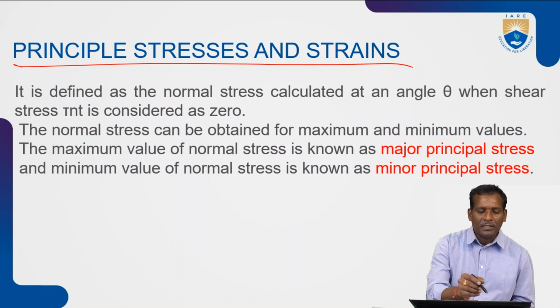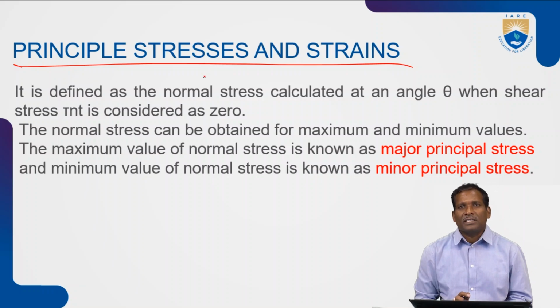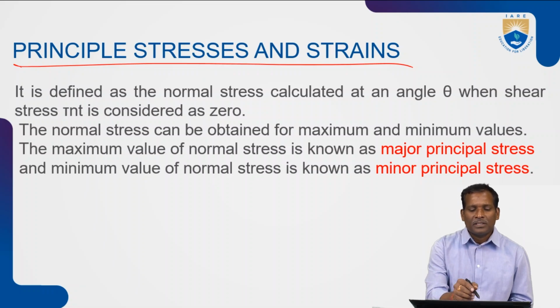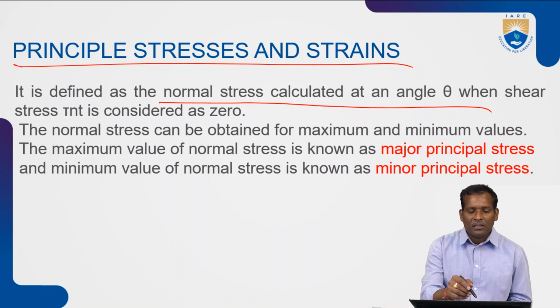But this is the principal stress. So what is this? It is defined as the normal stress calculated at an angle theta when the shear stress is considered 0. Normal stress, you already know how to calculate.